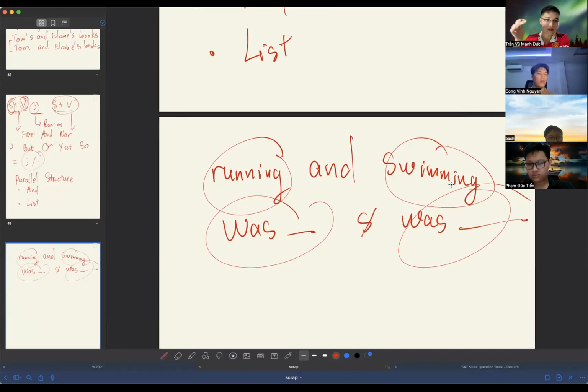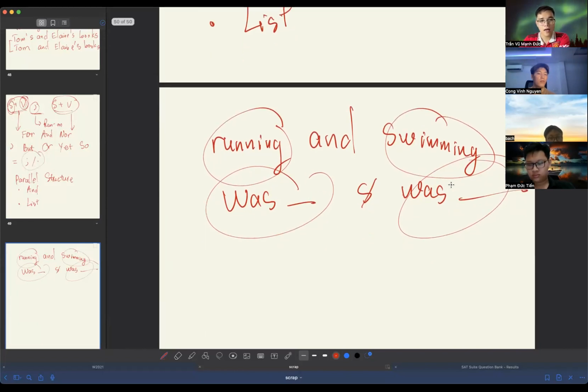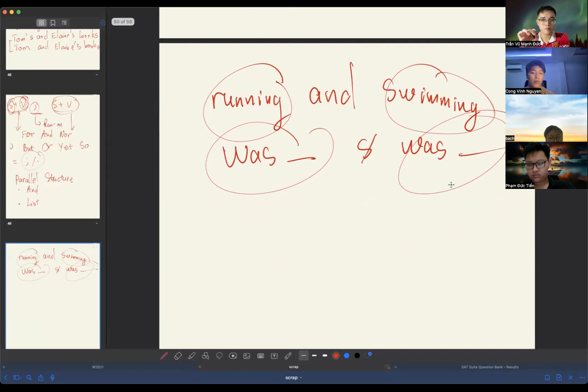They have to be the same and parallel to each other. The same thing goes for longer kinds of lists and structures. For example, she is running on the field and swimming around the pool. That's also parallelism, but it's a bit longer.